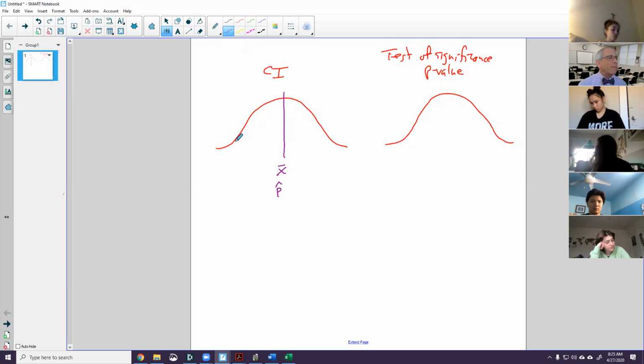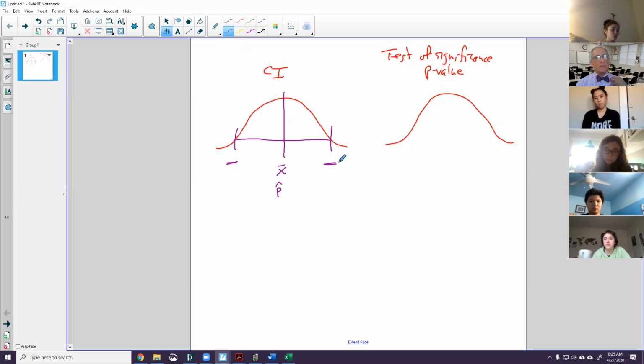What I'm trying to find out, let's use 95% for example here, is the lower limit and the upper limit of where the actual parameter lies.